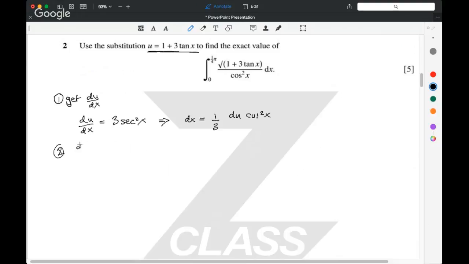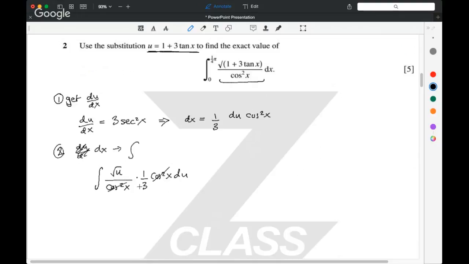Now substitute dx into the integral. Do this first. That's absolutely the next thing you should do. Don't try to express everything in the integrand, the bit in the middle, in terms of u. First sub in dx and see if things cancel. So now we have the integral, and the thing on the top is just the square root of u, over cosine squared of x times dx, which is 1/3 cosine squared x du.